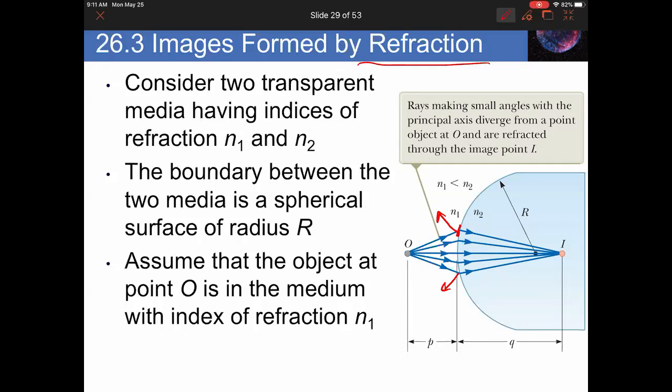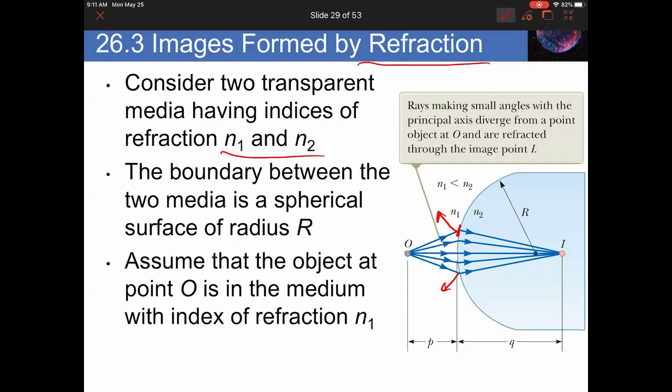All right, so here we have two materials. That means one is, let's say, air. The other one could be glass. So you have two different indices of refraction. There is a boundary between the surfaces, just that it's curved compared to what we had before. Assume that the object at point O is in the medium with index of refraction n1.